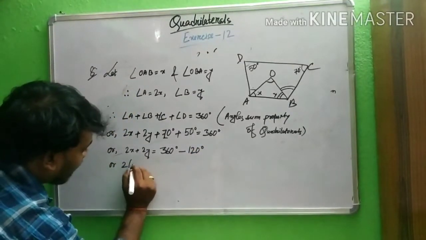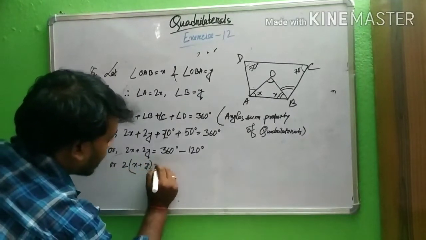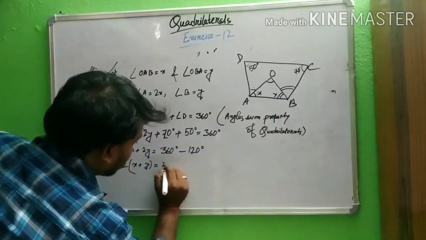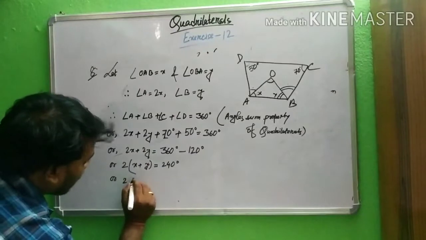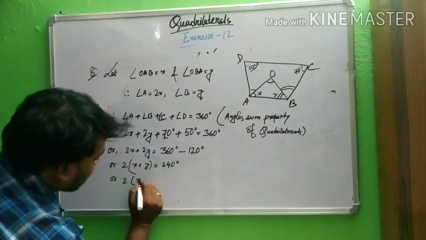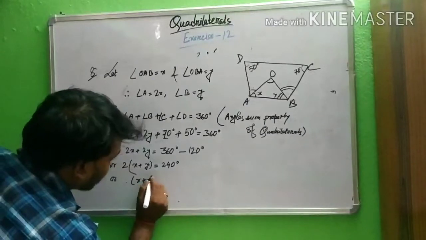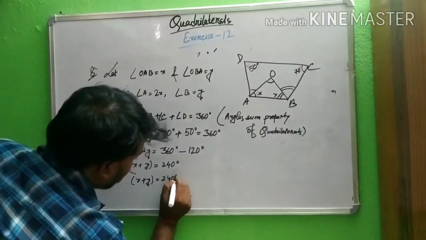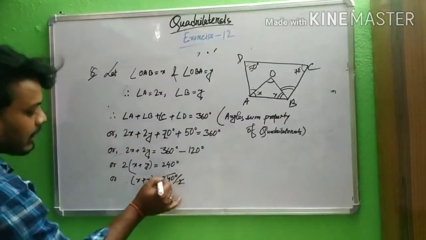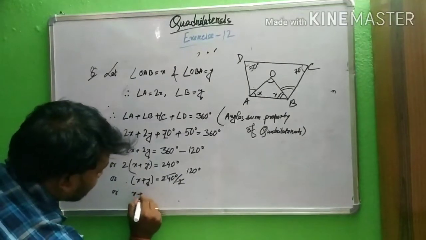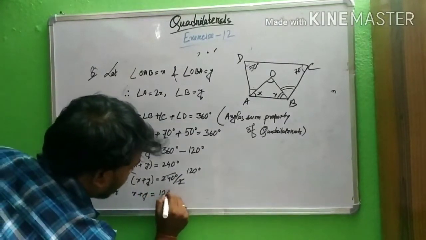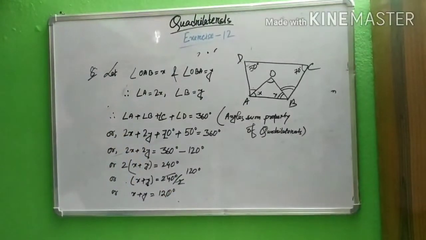Take 2 as common, so 2 into (x plus y) equals 240, or x plus y equals 240 divided by 2, so it becomes 120. Or x plus y equals 120. Okay, now it is very easy.